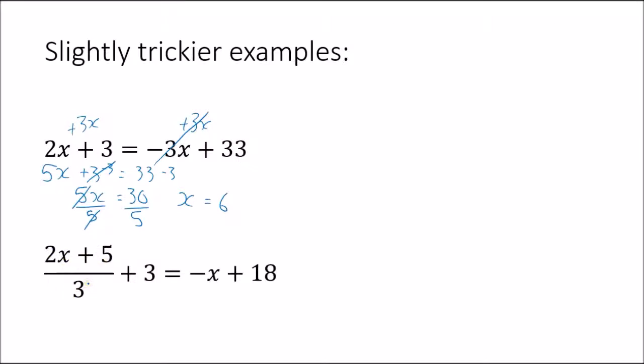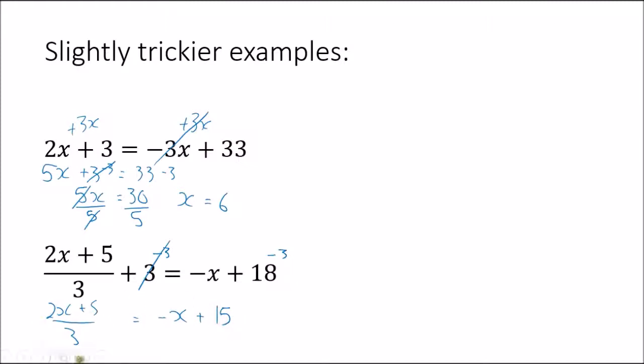Because subtraction and addition are the first operations I would look at when I'm solving, I will get rid of this 3 anyway. So I'm going to go minus 3 to both sides.